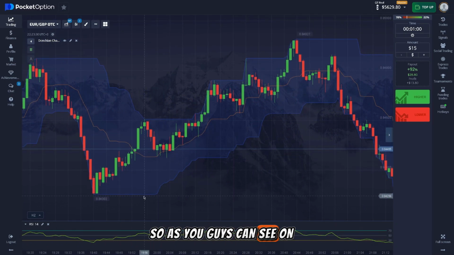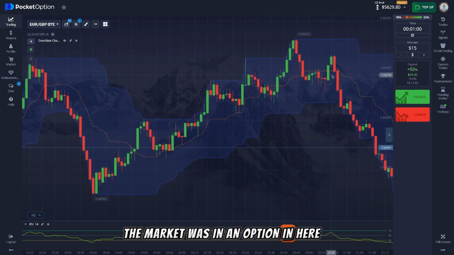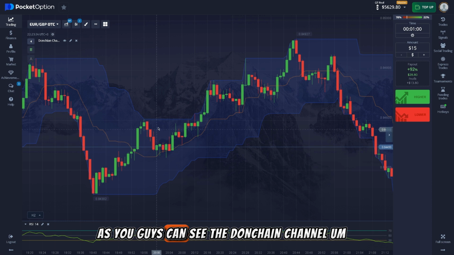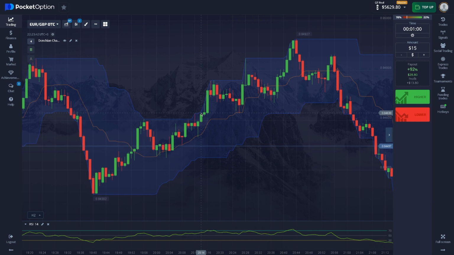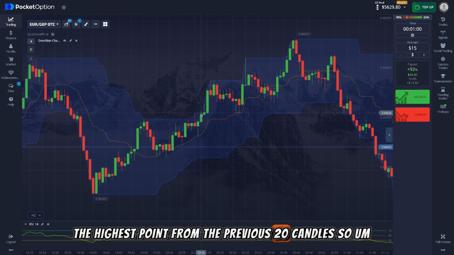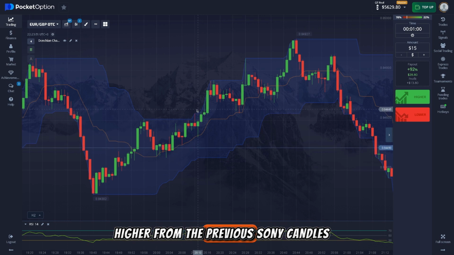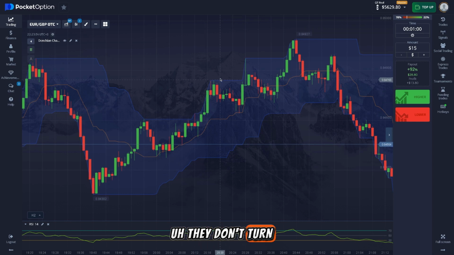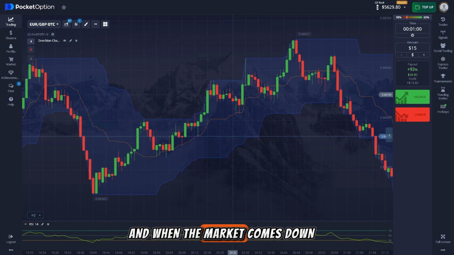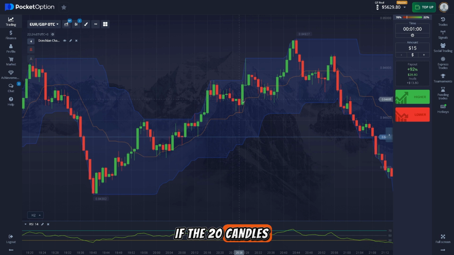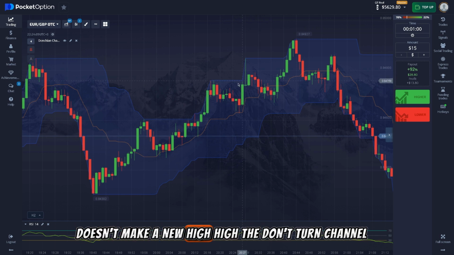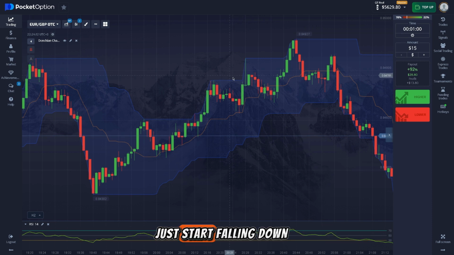As you guys can see, the market was in an uptrend in here, and the Donchian channel shows you the highest point from the previous 20 candles. So when a green candle makes a new higher high from the previous 20 candles, the Donchian channel just goes up, and when the market comes down, if the 20 candles don't make a new higher high, the Donchian channel just starts falling down.